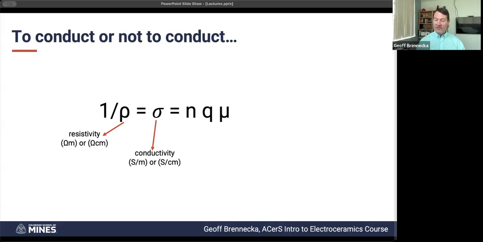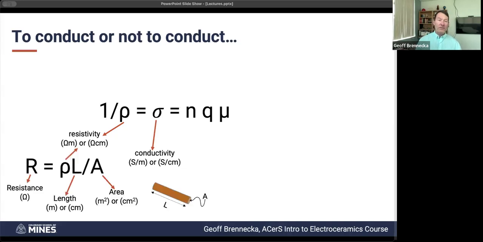Conductivity is in Siemens per meter, Siemens per centimeter, or my personal favorite, mho. So these are ohms, and a lot of people use mho, which is just ohm backwards, for conductivity. That didn't make it as one of the standard SI units, but it's a common one that you'll run into. So it's one of my personal favorites just because they spell it backwards.